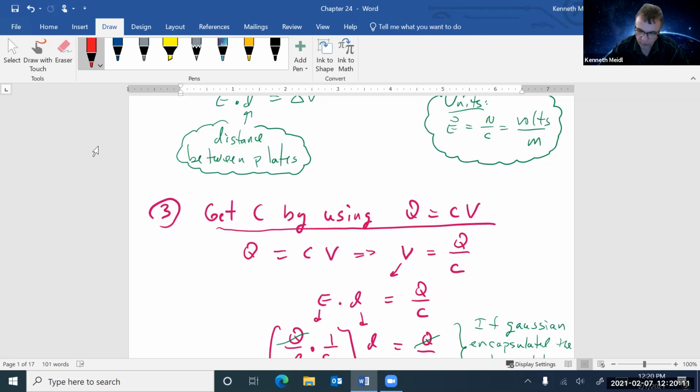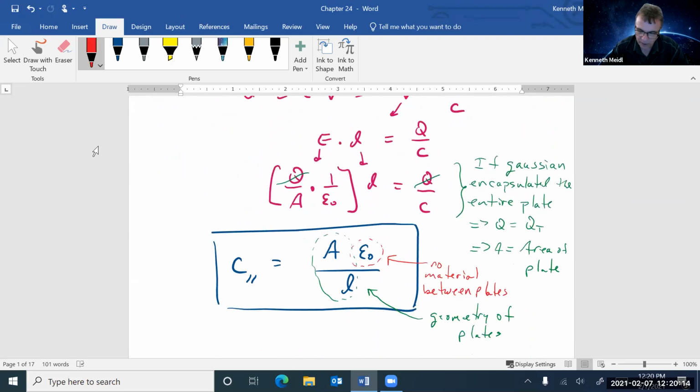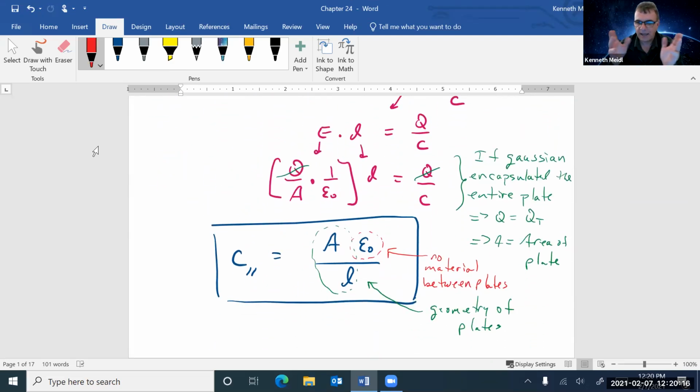Eventually, we will put material between the plates, and that will be called a dielectric. And a dielectric is a fancy name for an insulating material, right? You can't put conducting material between the plates because then the positives will see the negatives and they just neutralize, and then you don't have charges sitting there. And that's what you really want.